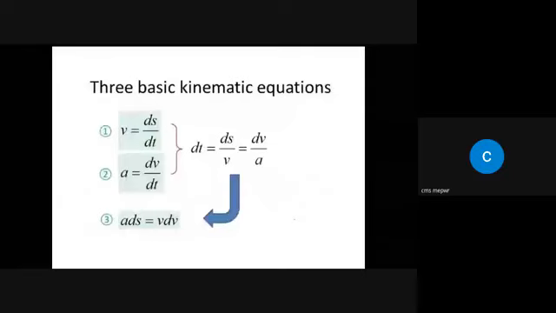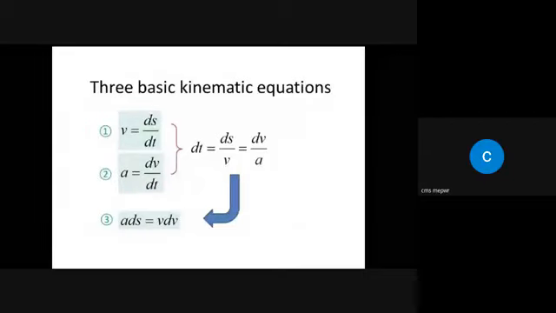These three basic kinematic equations will be used throughout your dynamics course, and we will see in a moment how we can use them. So let's go through these equations.